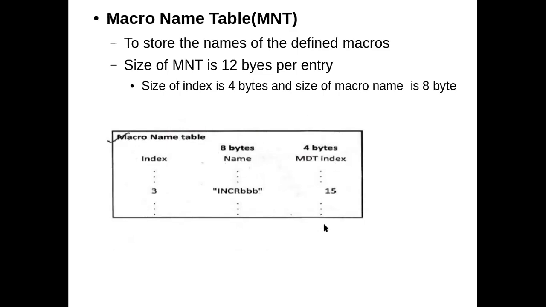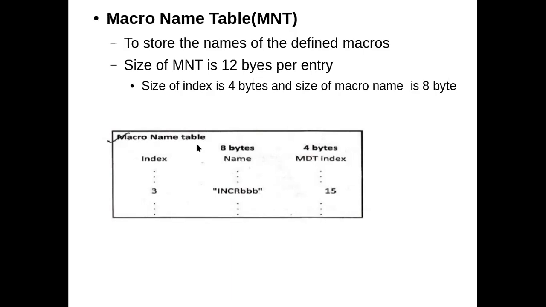Here the MDT index tells us in which index position of the MDT we can see the definition of INCR. For that we are reserving 4 bytes. So together we have 12 bytes per entry for each macro name in the macro name table.